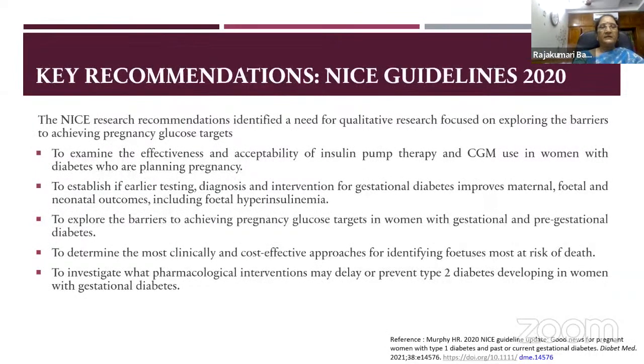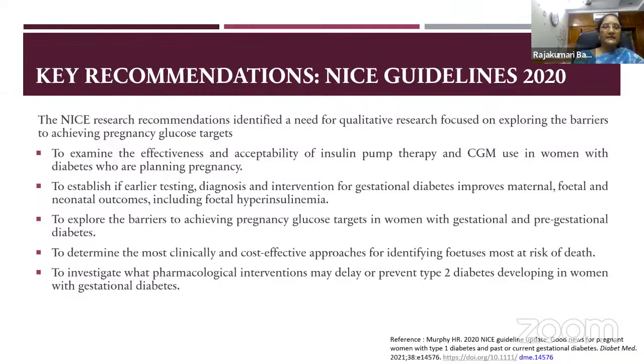NICE research recommendations for quality research focus on exploring the barriers to achieving pregnancy glucose targets, and on examining the effectiveness and accessibility of insulin pump therapy and CGM use in women with diabetes who are planning pregnancy. Also, to establish whether testing, diagnosis, and intervention for gestational diabetes improves maternal, fetal, and neonatal outcomes, including fetal hyperinsulinemia.